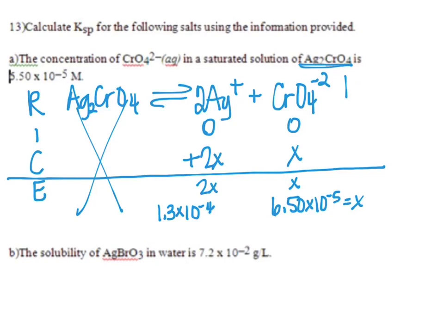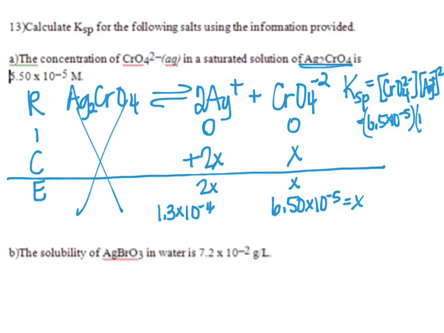So write your equilibrium unsubstituted expression. Ksp is going to be equal to CrO4 2- times Ag plus squared. Why is there no reactant in it? Because solids don't count. All right, so now we have 6.5 times 10 to the minus 5, and we're going to multiply that by 1.3 times 10 to the minus 4 squared.